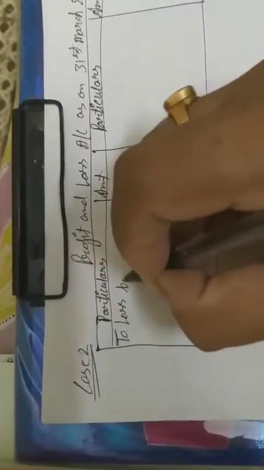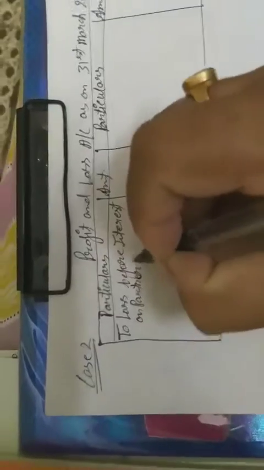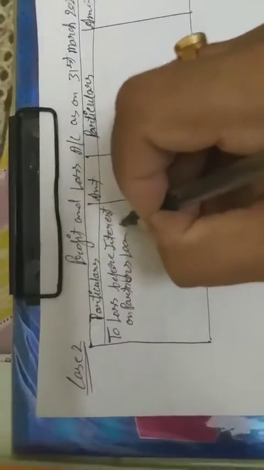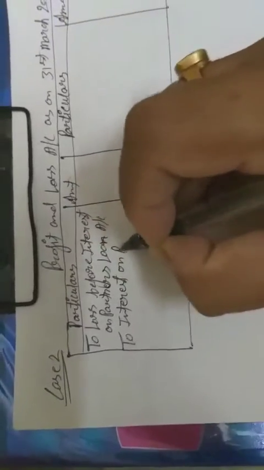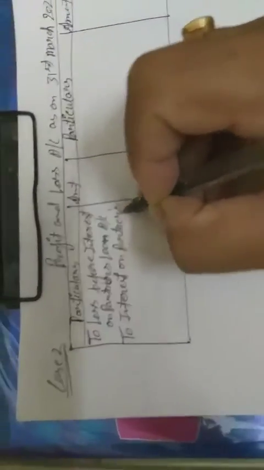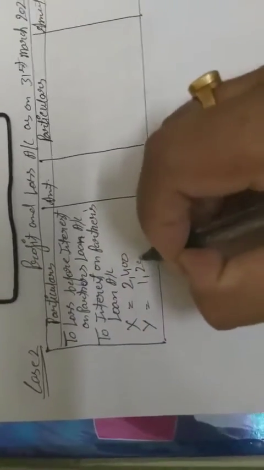There is a loss, so it goes on the debit side: to loss before interest on partners' loan account, to interest on partners' loan account. For X, the amount was 80,000, and we have calculated 2,400, and for Y the amount was 1,200.